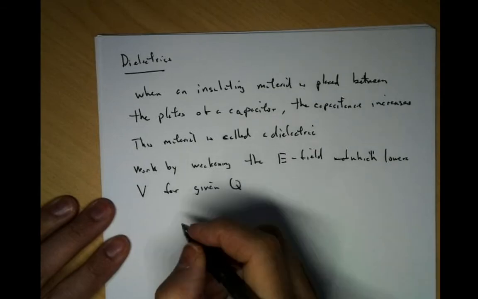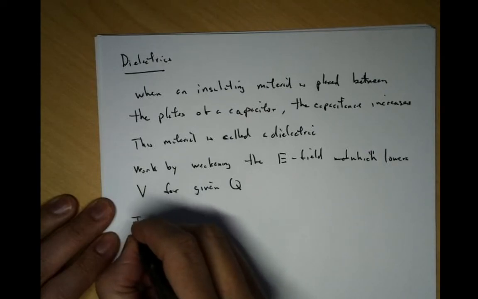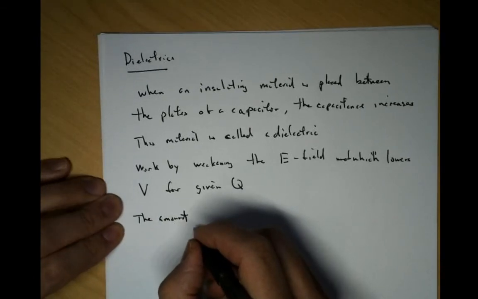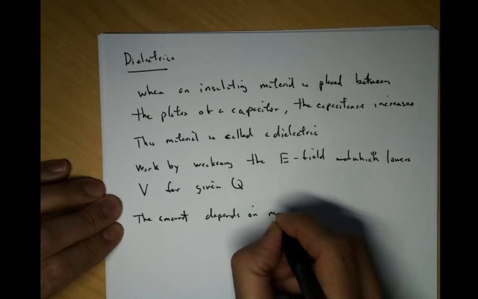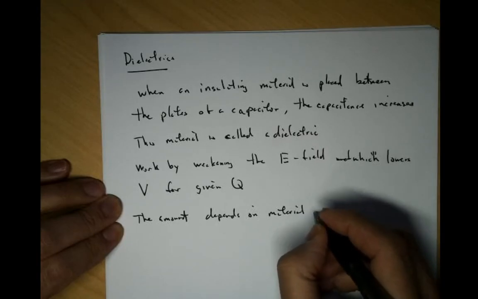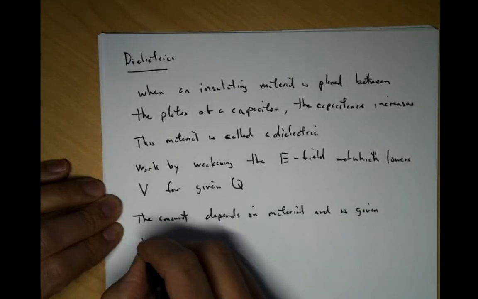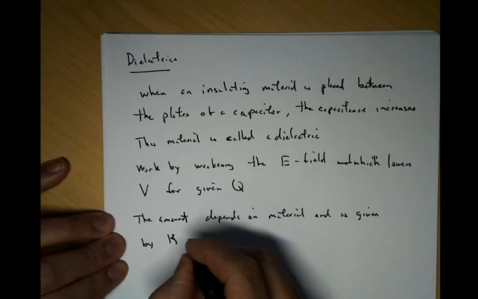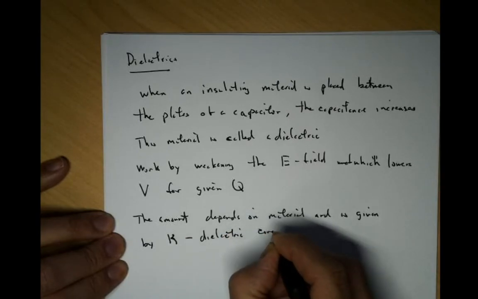And the amount depends on the material, and is given by kappa, a Greek K, which is known as the dielectric constant. And this varies from material to material.